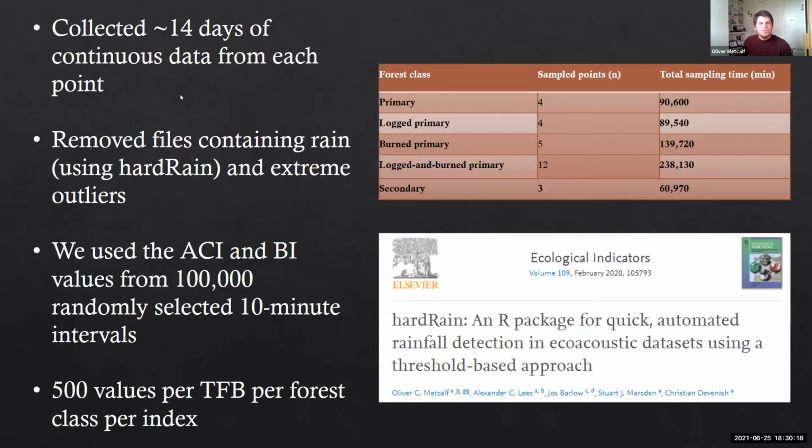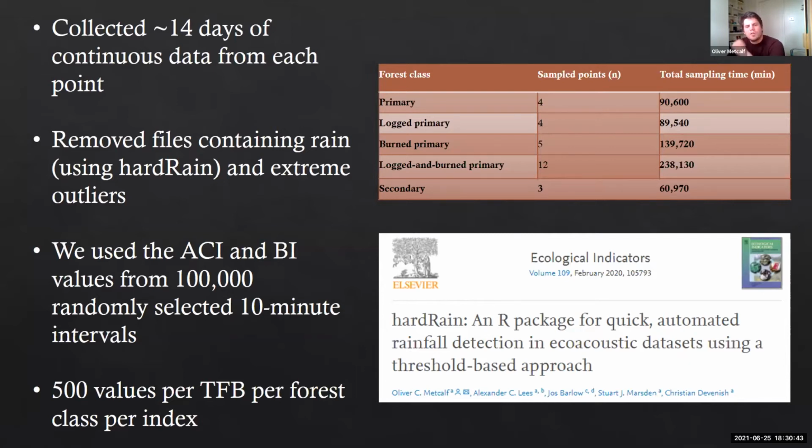So we collected continuous audio data from each point. We removed files containing rain using the hard rain package, which you can check out here. It's a little R package we wrote up. And then we used acoustic complexity and the bioacoustic index to measure values from 100,000 randomly selected 10-minute intervals.